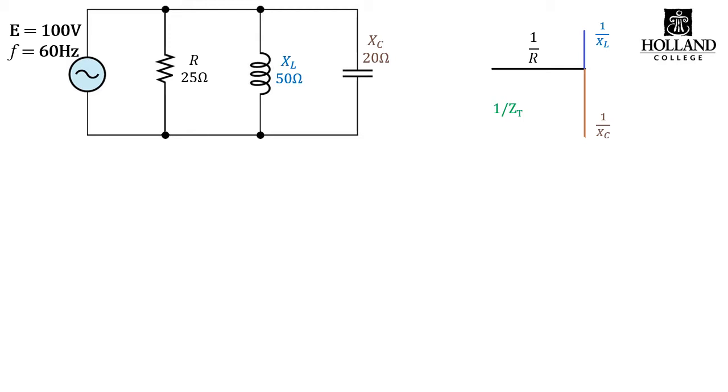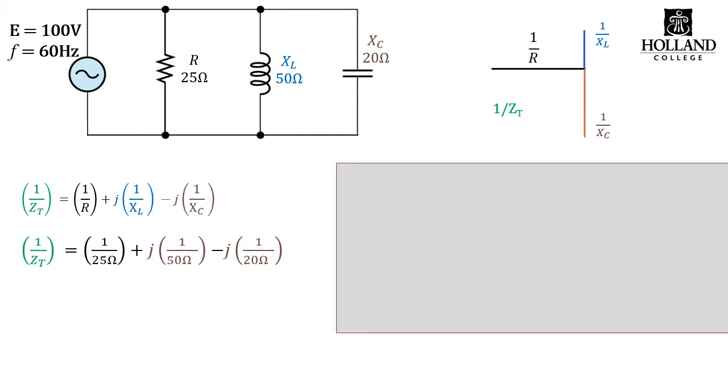So when we have a parallel circuit, our impedances are a vector sum, but it's a reciprocal in vector sum. So that 1 over ZT is equal to 1 over R plus j1 over XL minus j1 over XC.